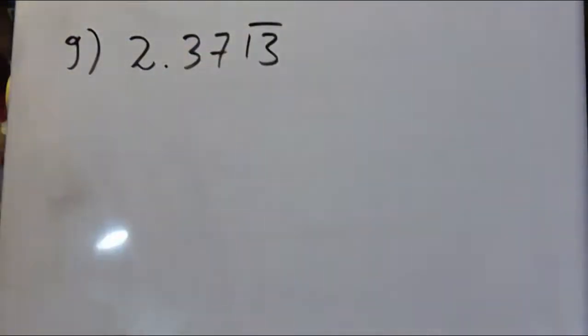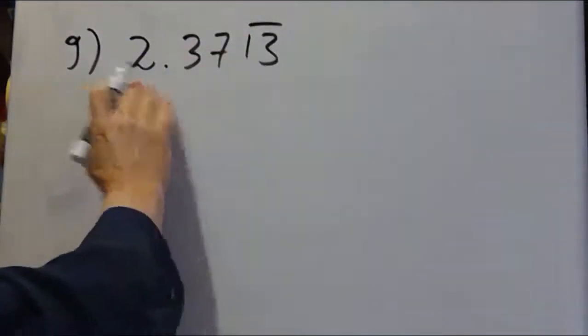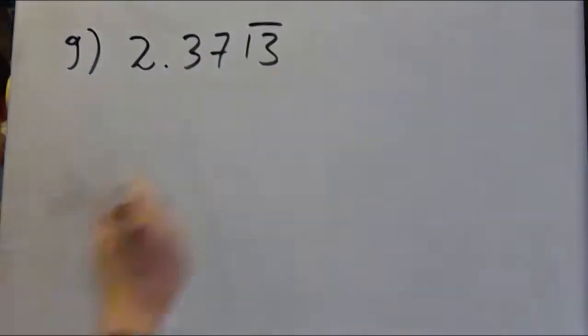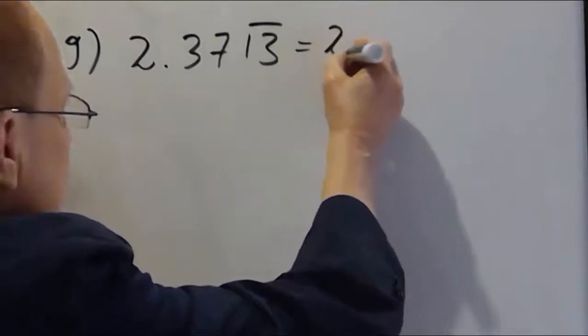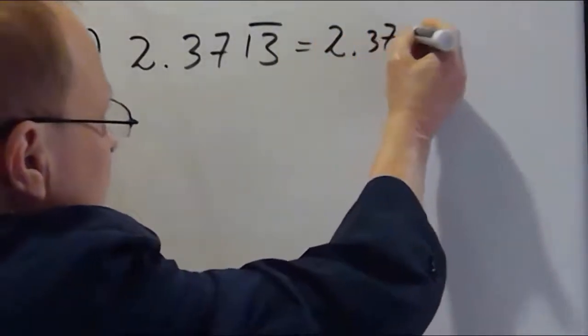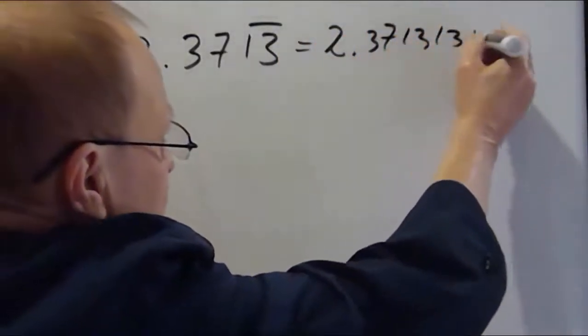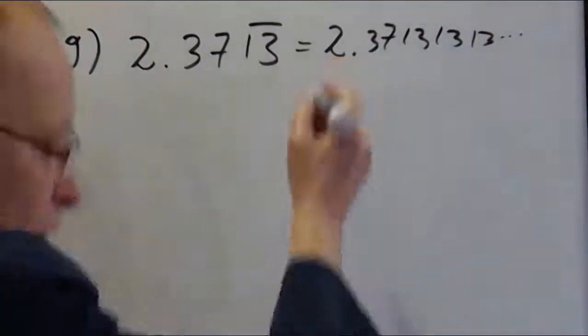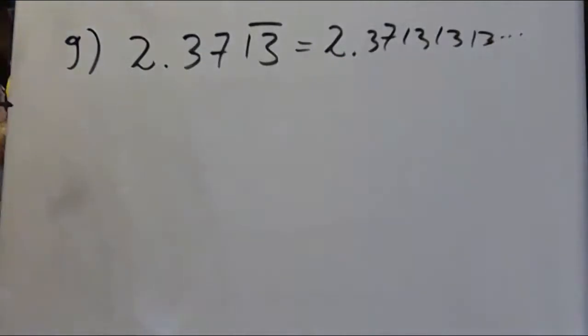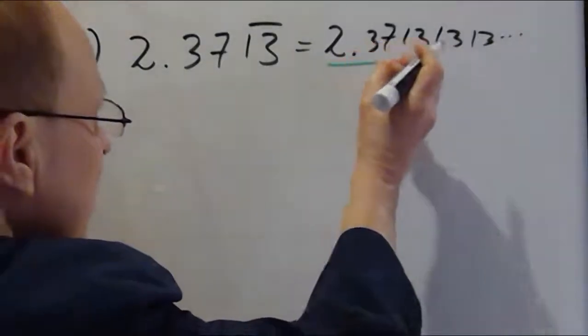The 13 is the recurring part, because let's say you don't have a 0 here. So what do we do? Well, that's the same thing as saying 2.37131313. So that means the 13 is repeating itself, but this part is not repeating.